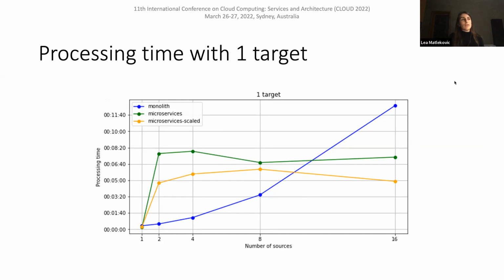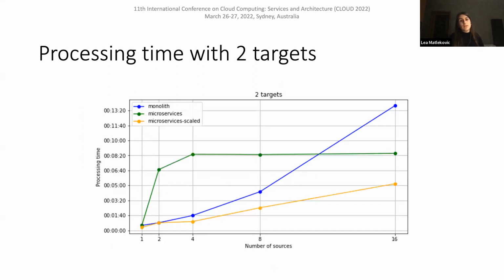That is because of the overhead of the communication between the services and load balancing. So in the monolith we don't have this message passing between the services. And for a low number of targets, microservices were slower because of that.